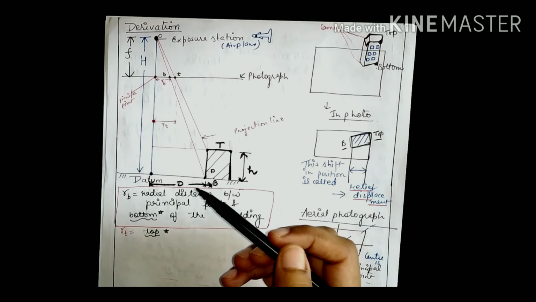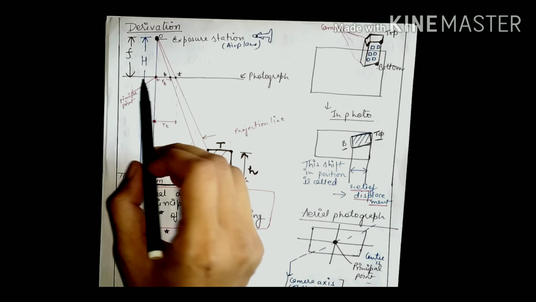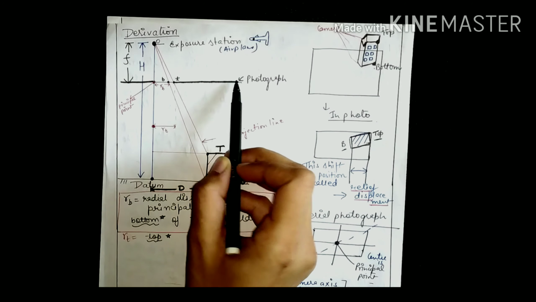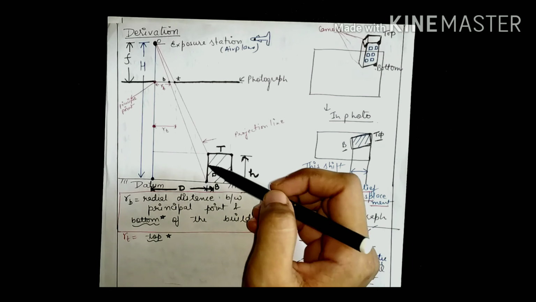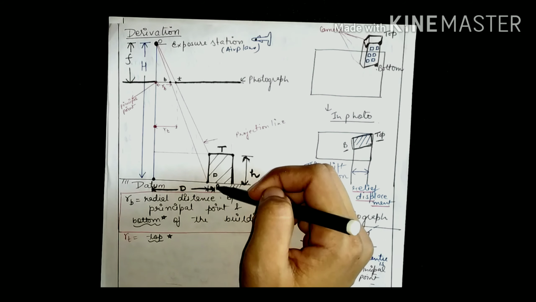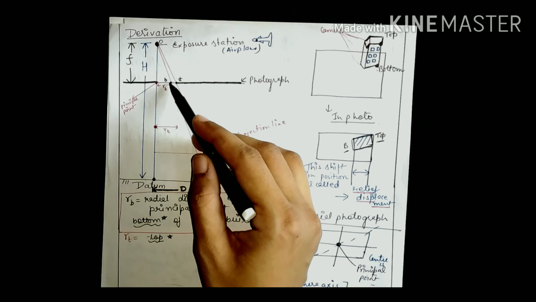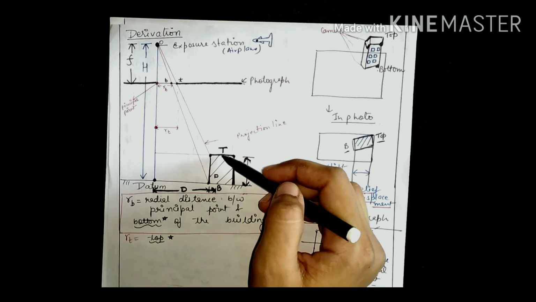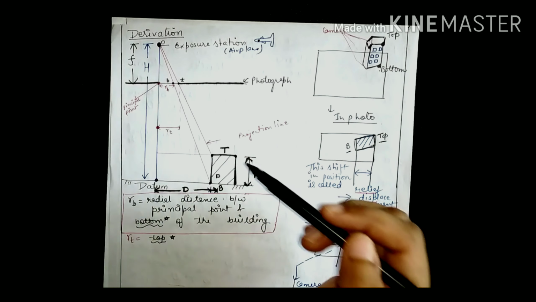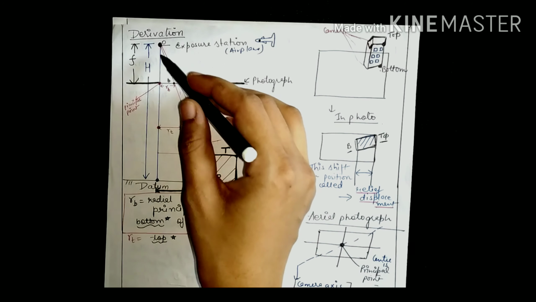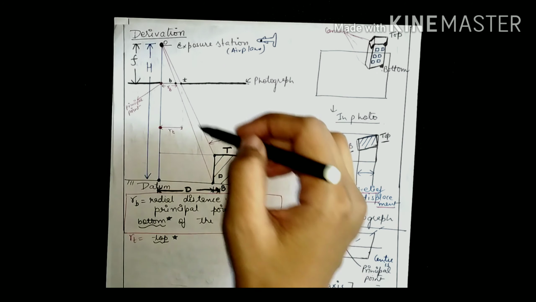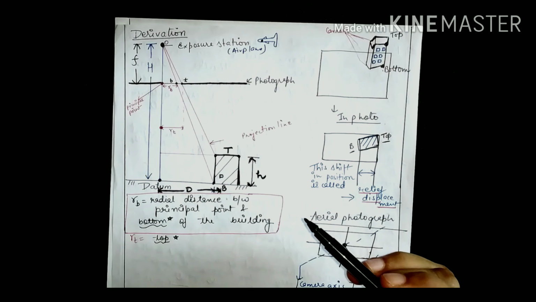Then the photograph is taken. The photograph plane is denoted by this line. The bottom point, capital B, is denoted in the photograph by small b. Capital T, the top of the building, is denoted by small t. This is the projection line of the camera, taken backward to the exposure station.